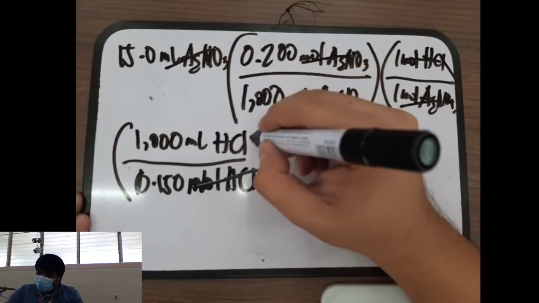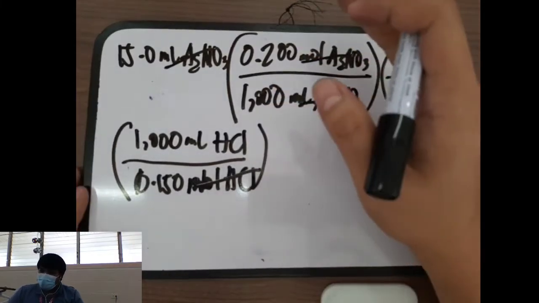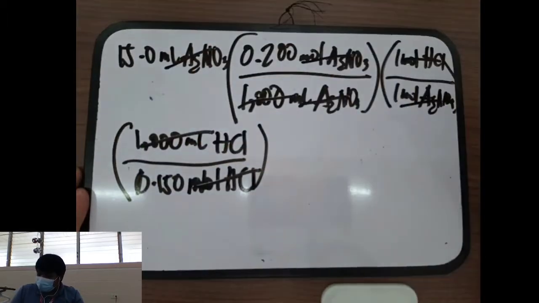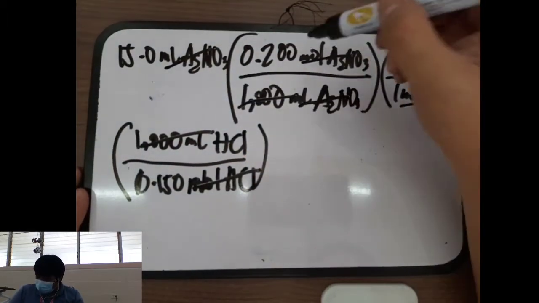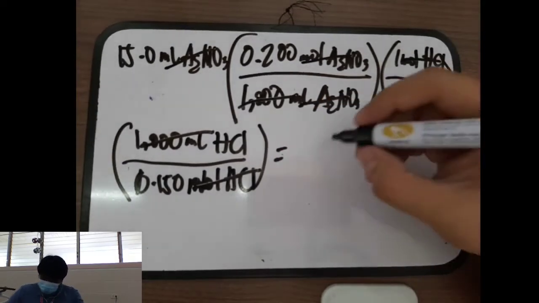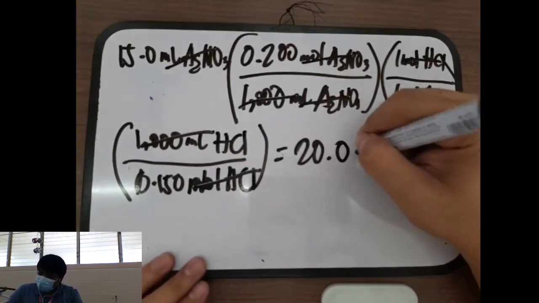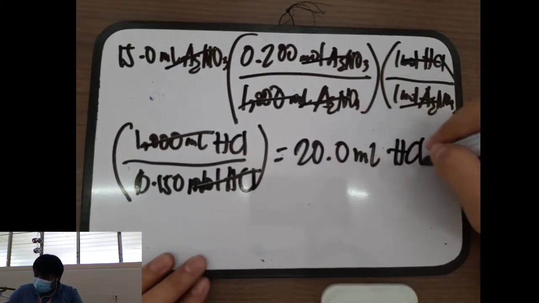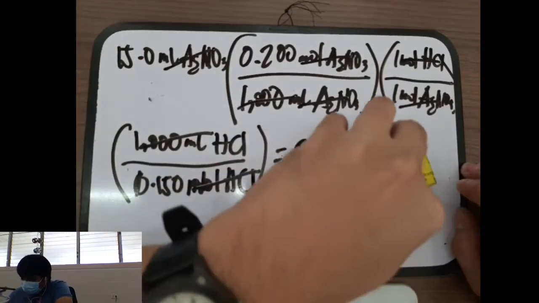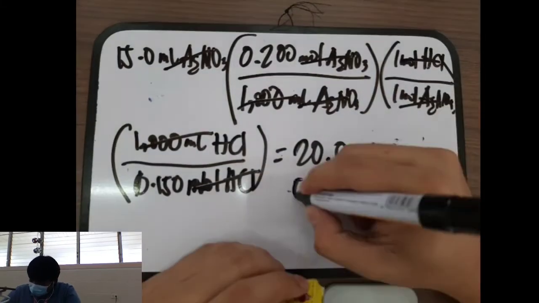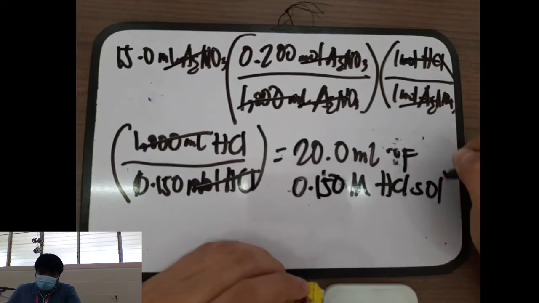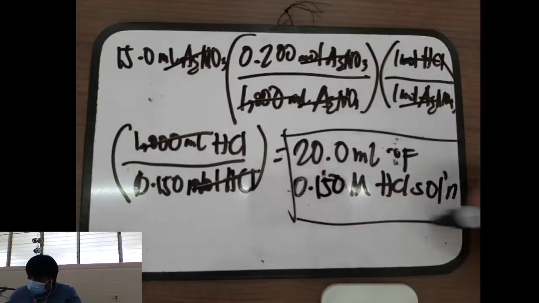This is our unknown, so that should be the one retained after canceling. The 1,000 is in both the numerator and denominator. Therefore, our answer will be 20.0 ml of 0.150 molar HCl solution. Okay, so that will be your answer.